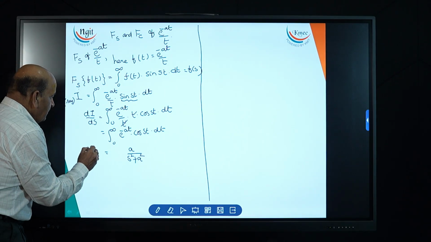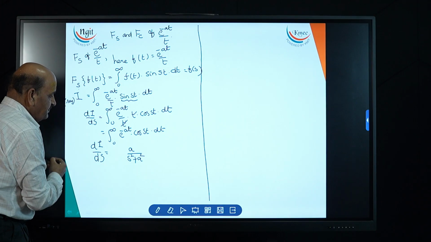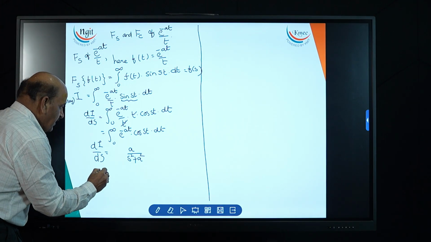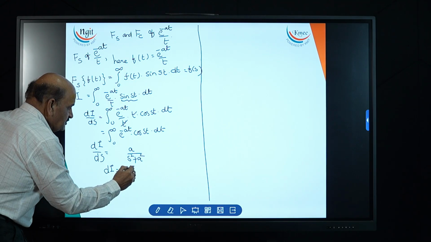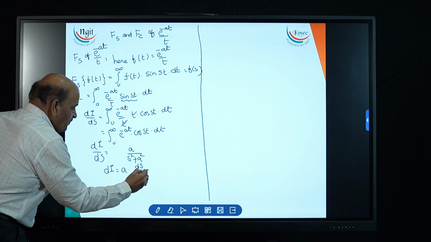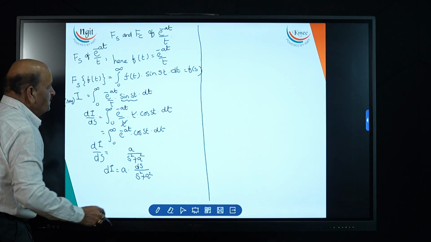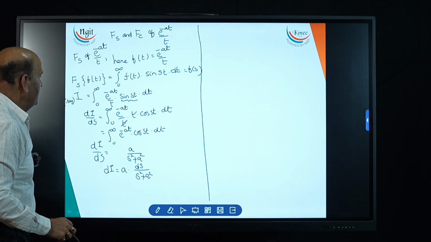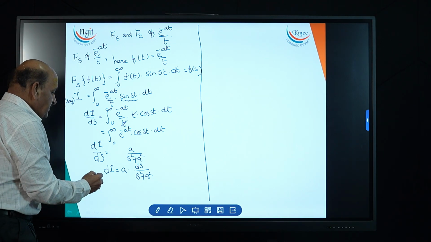Understanding? Now this value is equal to dI by ds. Now dI equals a into ds by s square plus a square. Understanding? Now this is dI.